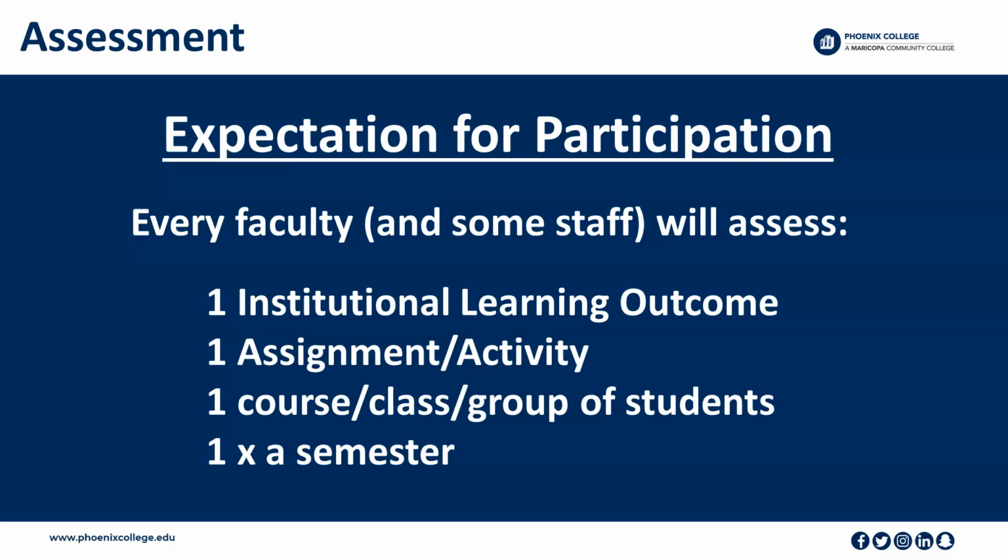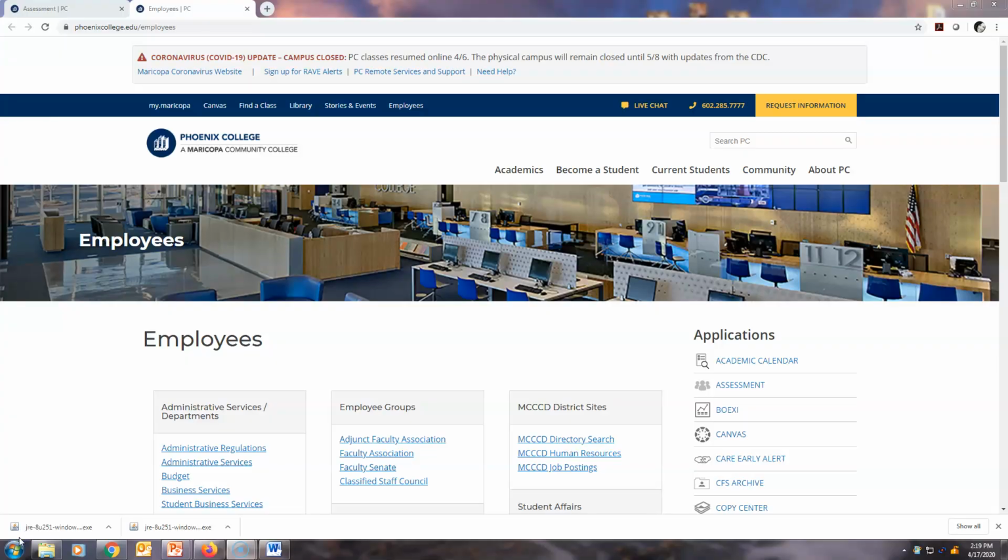Now let's talk about the 4 assessment processes which culminate in entering assessment data into the CAP system. The easiest way to access the 4 steps is by going under the employee homepage and clicking on Assessment.